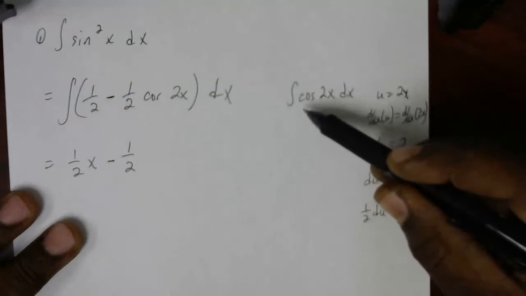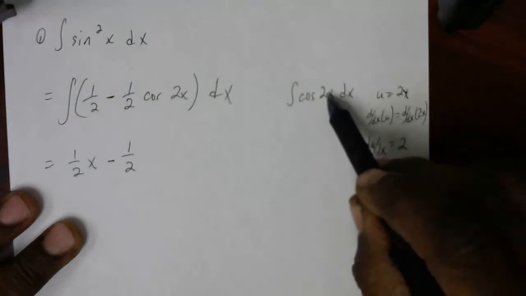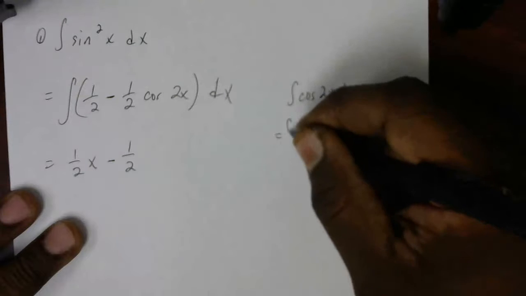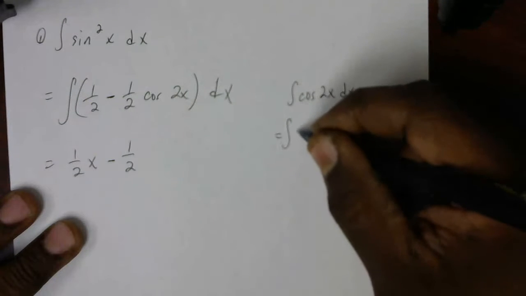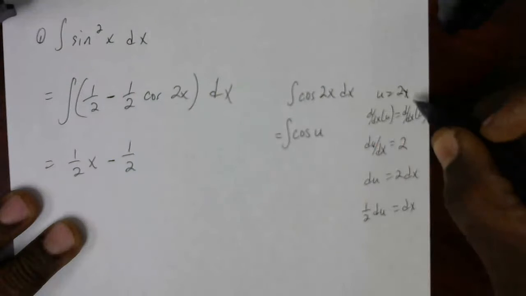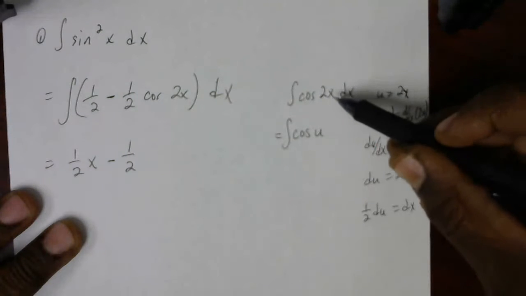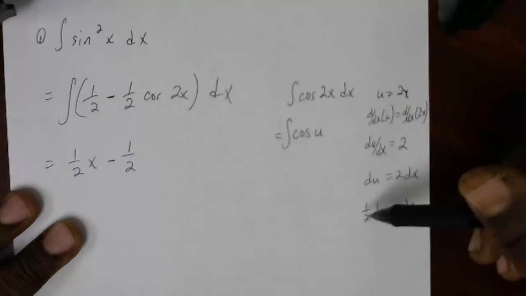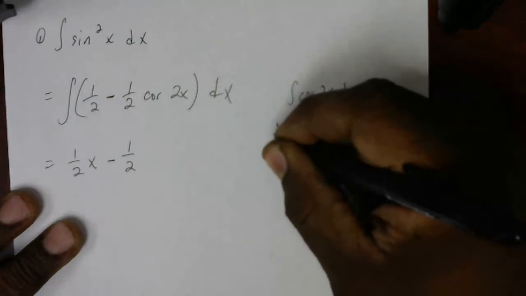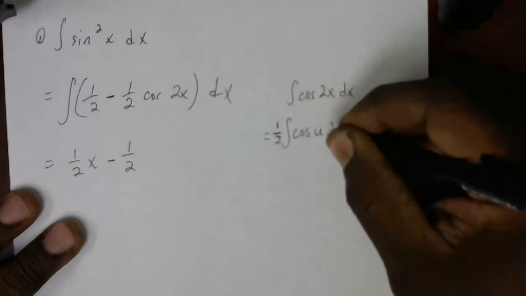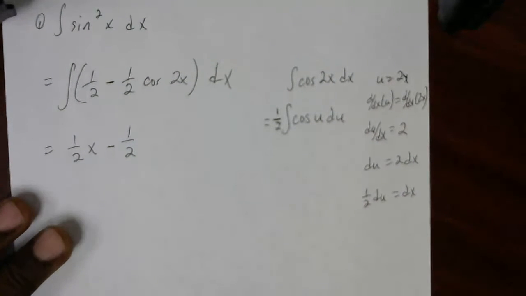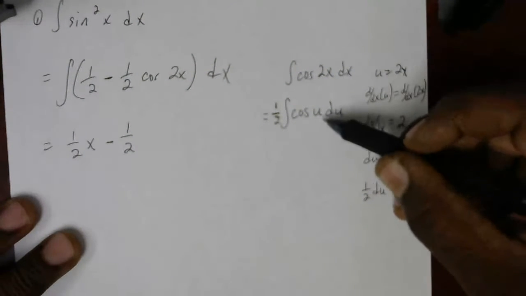So now I can rewrite everything in terms of u. I can rewrite 2x as u, so this is the integral for the cosine of u, and I can substitute dx for 1/2 du. And now I can integrate.